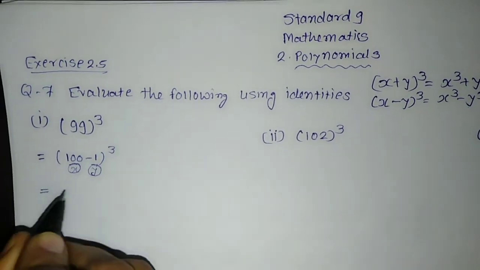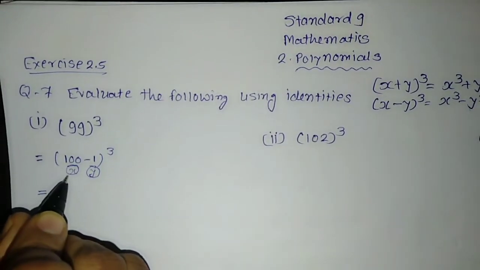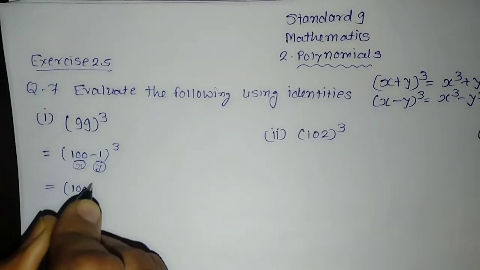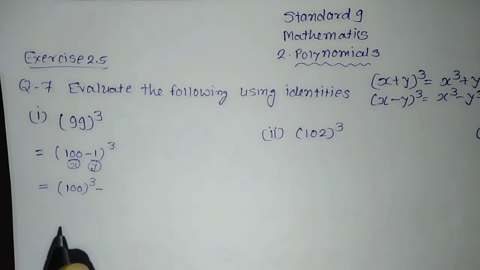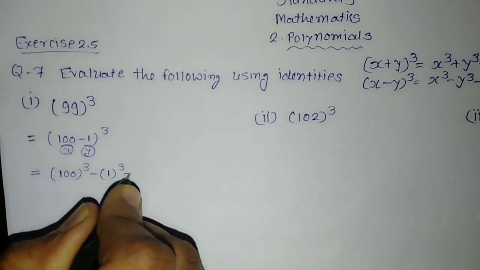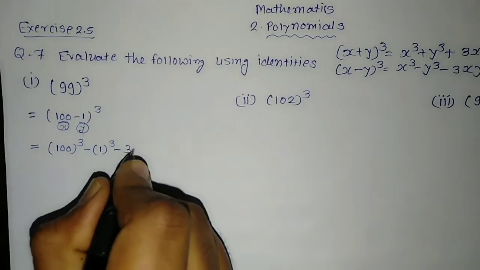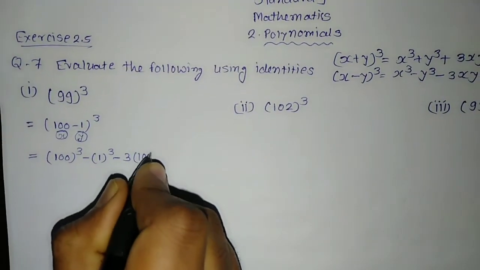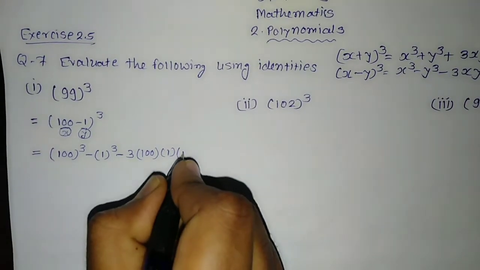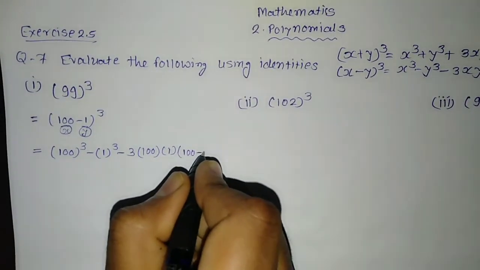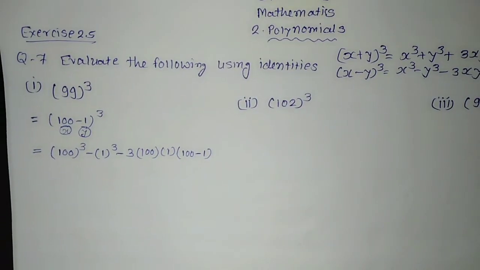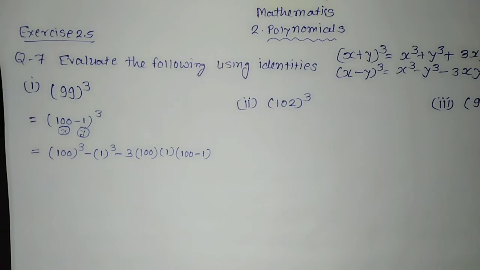So x cube means first term cube, 100 cube, minus second term cube, that is 1 cube, minus 3 into first term 100 into second term 1 into bracket 100 minus 1. So we have converted it into nearer by 0.